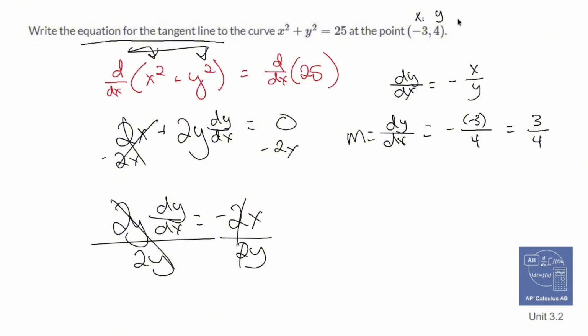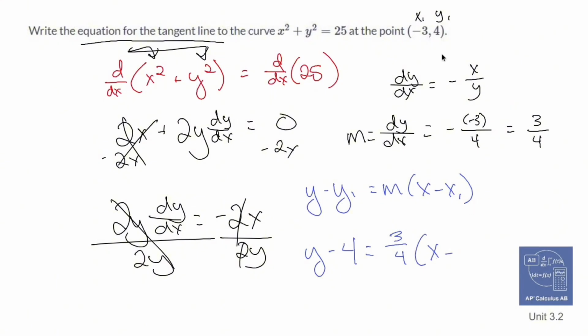If I label the point x sub 1, y sub 1, I can now think point-slope thoughts. y minus y sub 1 equals m times the quantity x minus x sub 1. Plug in 4, so y minus 4 equals 3/4 times x minus x sub 1, which is negative 3. So minus negative 3 is going to be plus 3, so let's save a little bit of time.